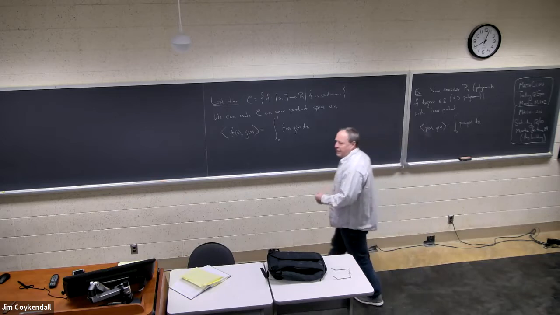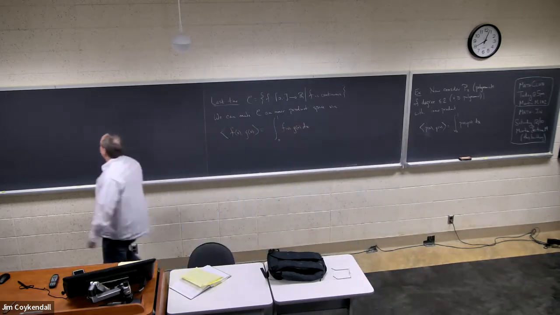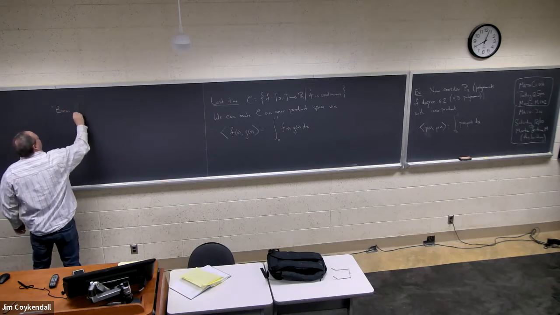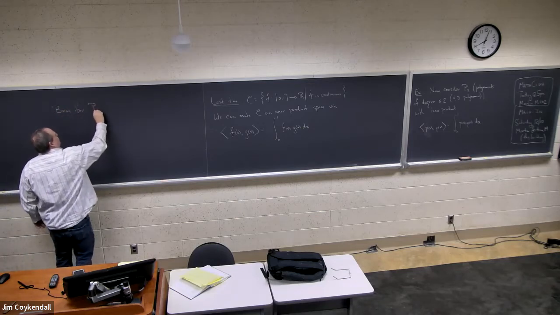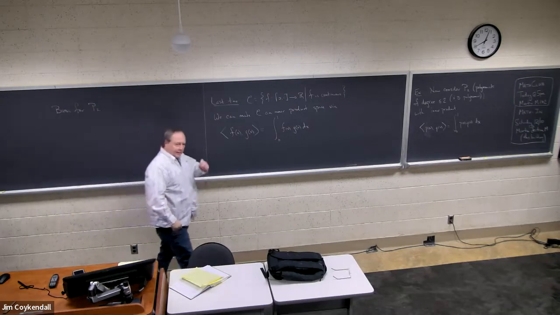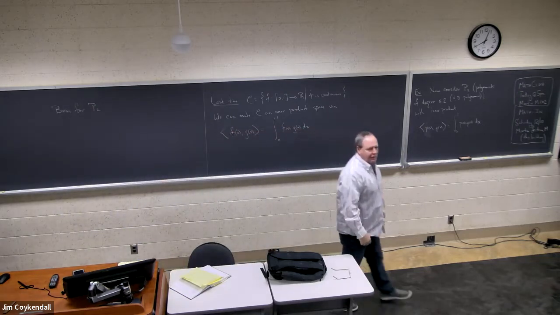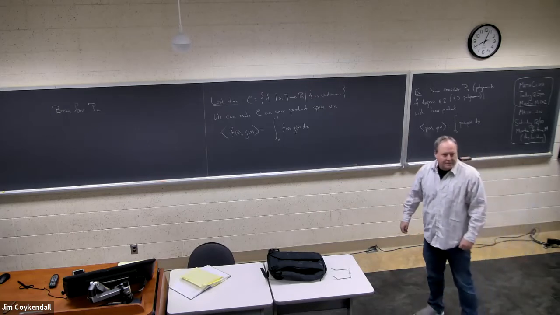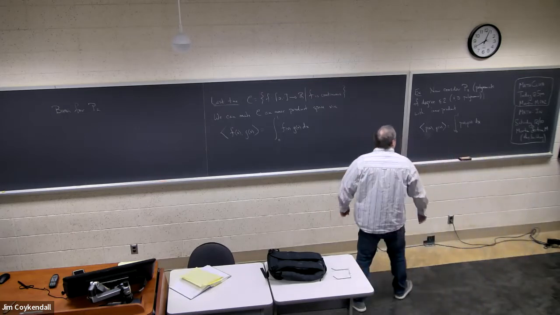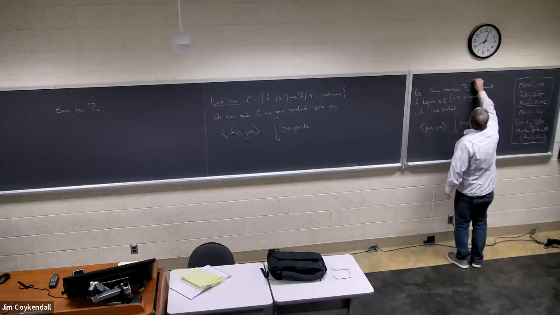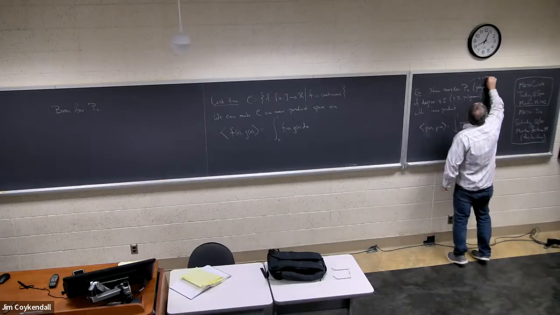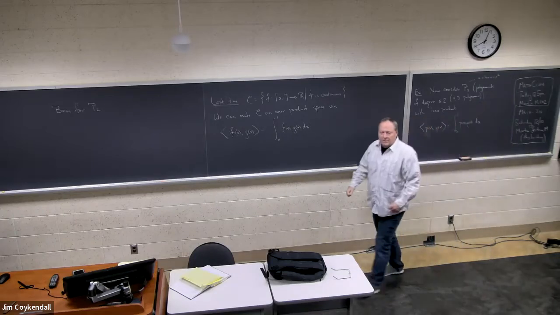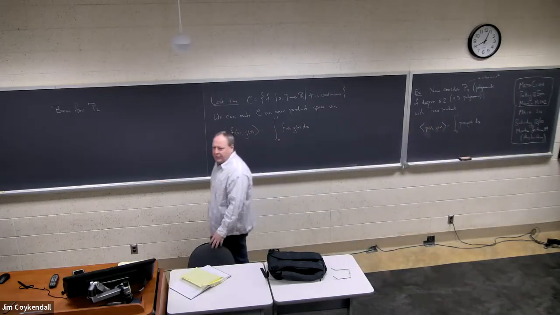Now, let me ask you this. Can anybody give me a basis? Give me the easiest basis you can think of. I am a simple creature. Remember, a typical element of P2 looks like this. What's the easiest basis you can think of?